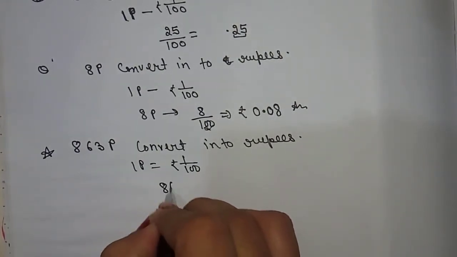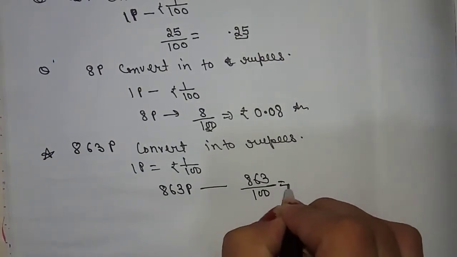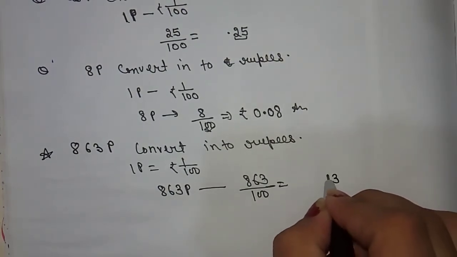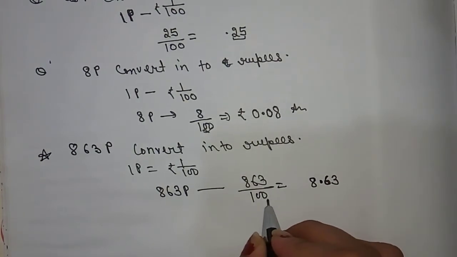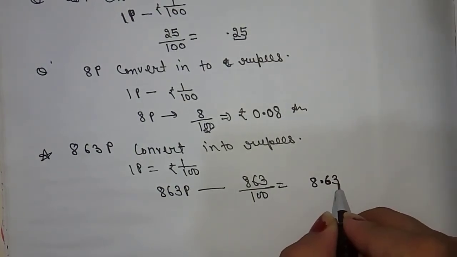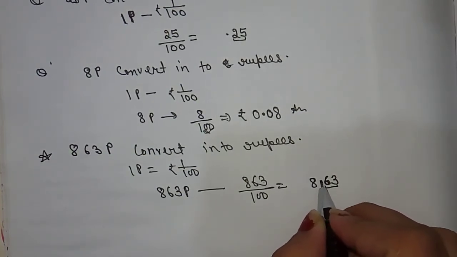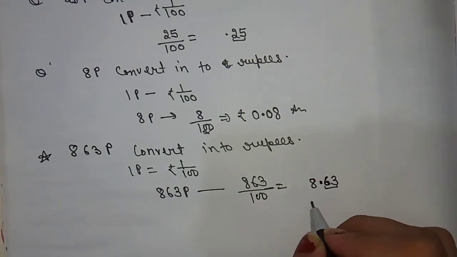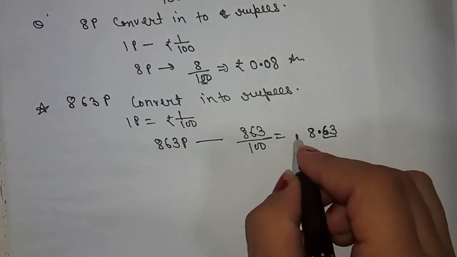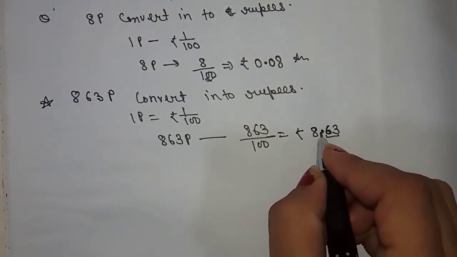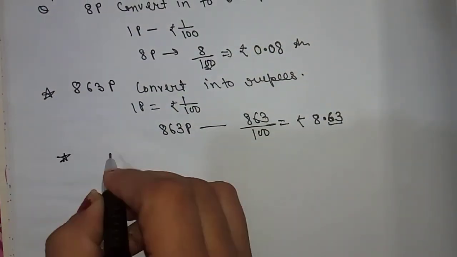So 863 paisa becomes 863 upon 100. That means from the left of the 3 digits, put 1 decimal, because you have 2 zeros. So from the right you put the decimal after 2 digits. So in 863 paise, how many rupees? 8 rupees 63 paisa.